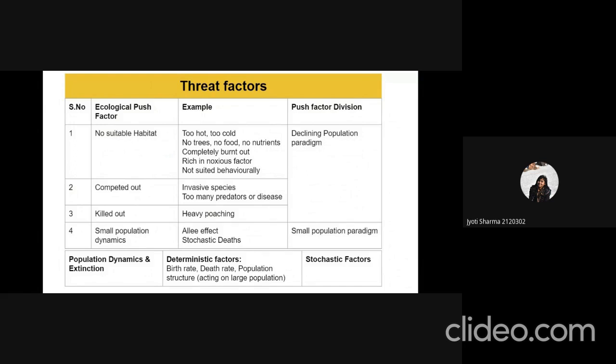Species have to go somewhere else where the habitat is conducive and favorable for them. So when the habitat is not suitable, there are some conditions. There may be cases where the habitat has become too hot or too cold. If we talk about the cold desert, or the dry cold desert and hot deserts, this too hot and too cold is leading the species to go away from that habitat.